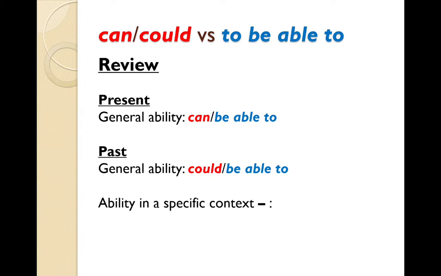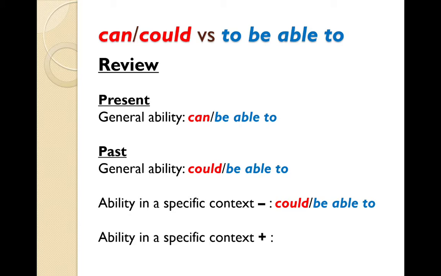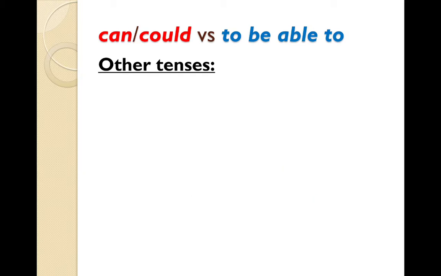For ability in a specific context, in a negative phrase, could or be able to are both correct. Ability in a specific context in a positive phrase, be able to is the only correct option here. You cannot use could.